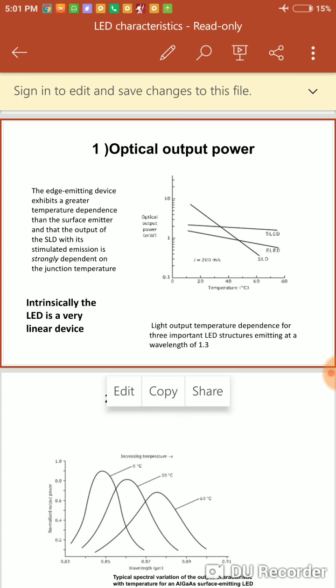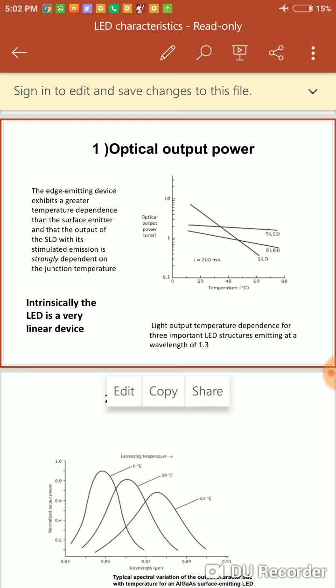Now in case of LED, it is linear as compared with the laser, because as soon as the electrical signal is given to the LED, we get emission of light. So the first difference between laser output characteristics and LED output characteristics is that the laser output characteristics are not linear, whereas LED output characteristics are linear.